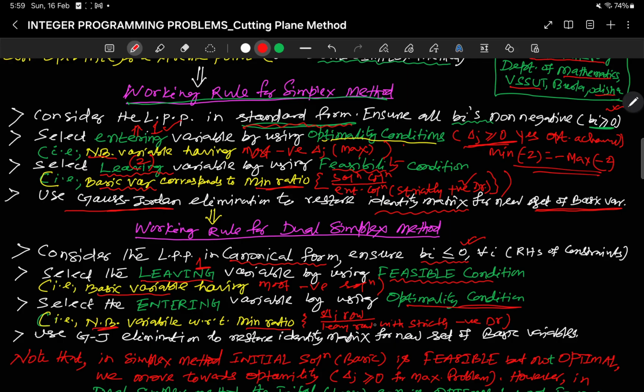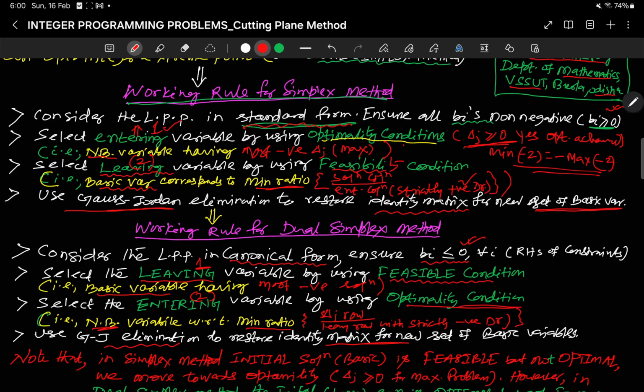So while we divide, the denominator should be strictly negative, and the most negative ratio determines the non-basic variable that will enter into your base. We continue the process to restore the identity matrix, for which we need the matrix elimination, Gauss-Jordan eliminations.